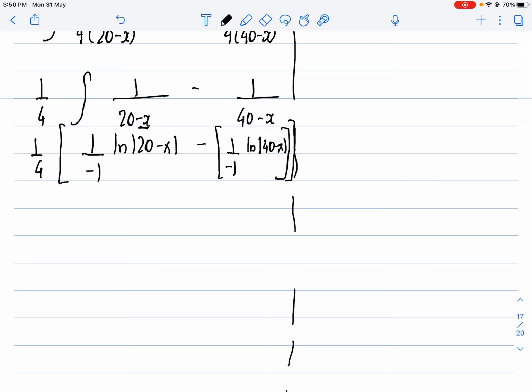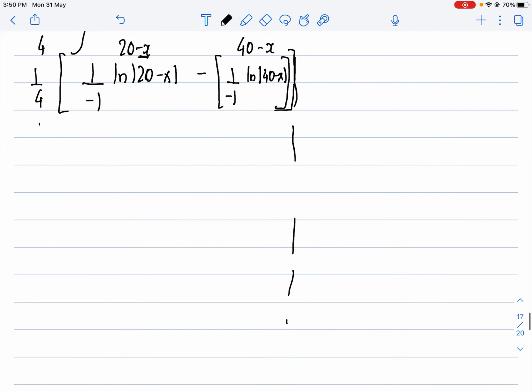Correct? So this can be written as 1 over 4 with minus ln (20 minus x) plus ln (40 minus x). Sorry, this is 40 minus x.